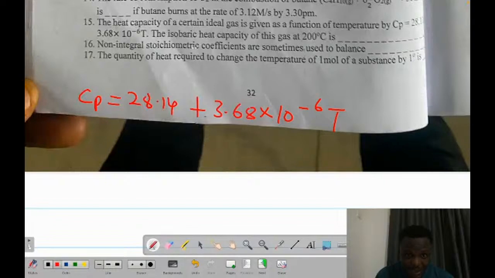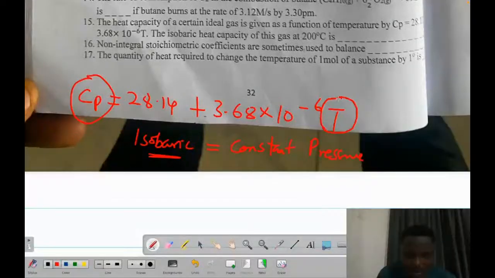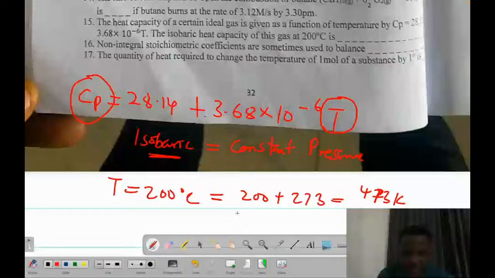Now, they said the isobaric heat capacity of this gas at 200 degrees Celsius is. Remember that an isobaric process is a process at constant pressure. So what they gave us here is already Cp at constant pressure. However, they gave us T to be 200 degrees Celsius. I'll convert it to Kelvin. This becomes 473 Kelvin. So anywhere I see T, I'll put 473 and press my calculator.